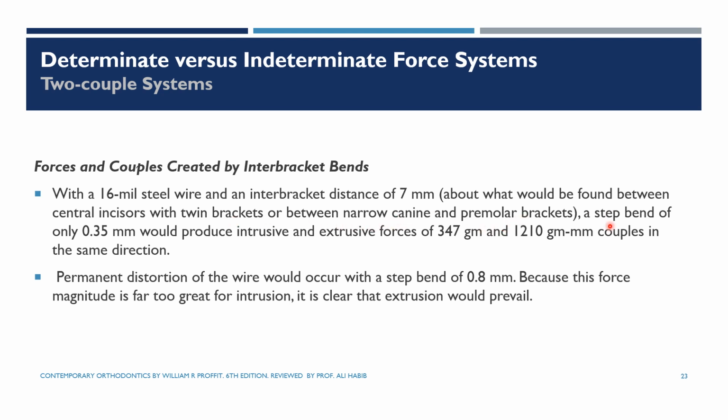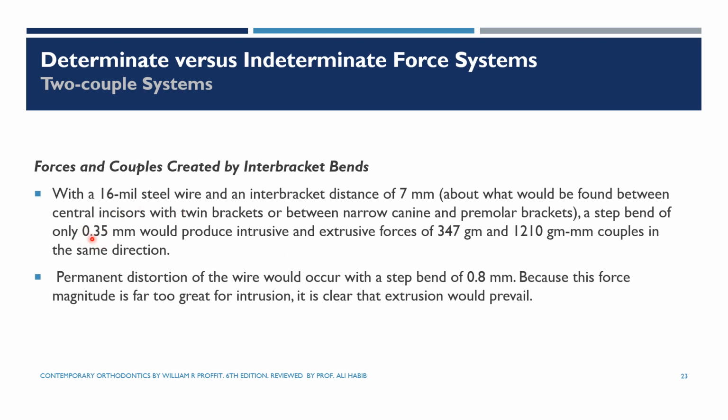They placed a step bend of 0.35 millimeter in height between them. They found that this small bend would produce an intrusive and extrusive force of 347 gram on the adjacent teeth, and a moment of about 1,210 gram millimeter couples in the same direction.